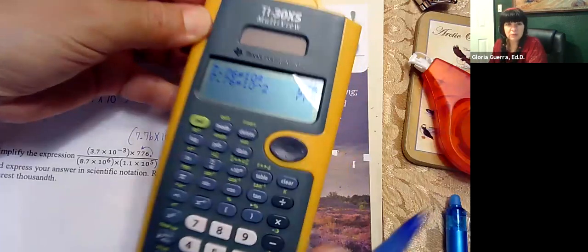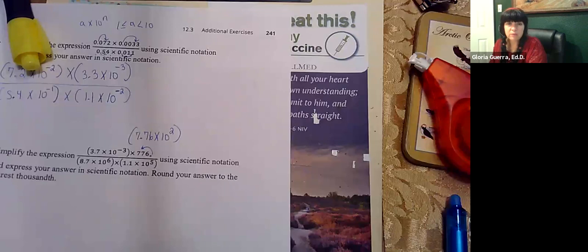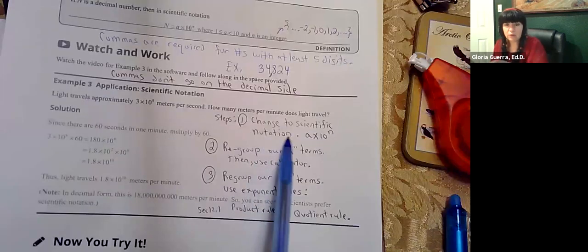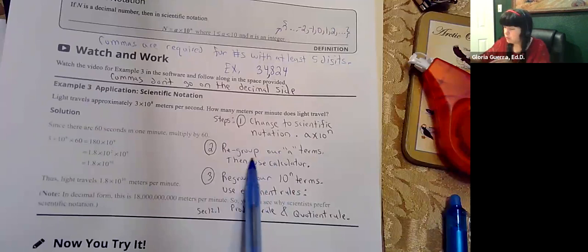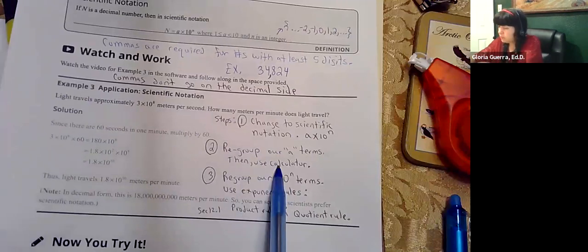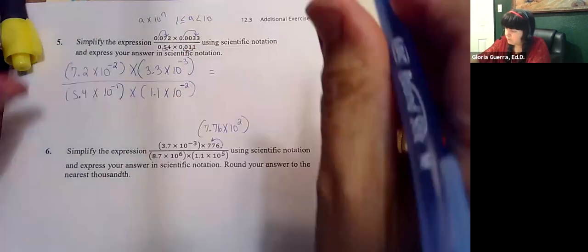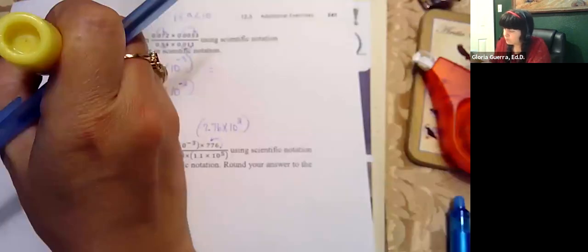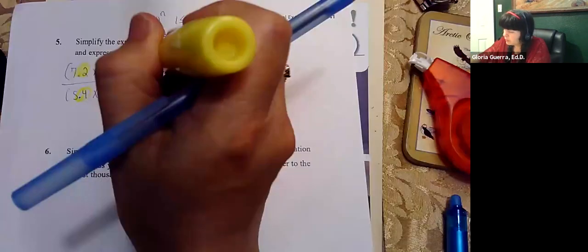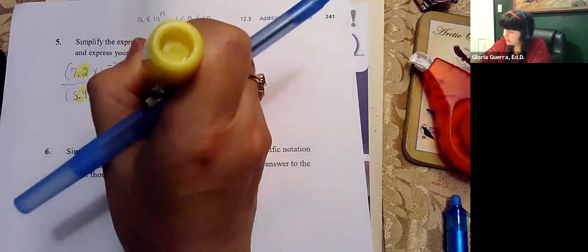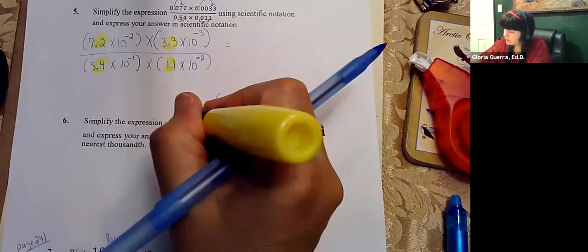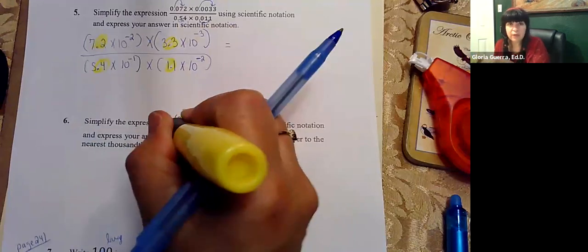The second step is to regroup all your powers of A's and then use a calculator on it. So if I do that here, these are considered A. That's an A, that's an A, that's an A, that's an A. Even over here, this is an A, this is an A, this is an A, that's an A. So you regroup all your A's.